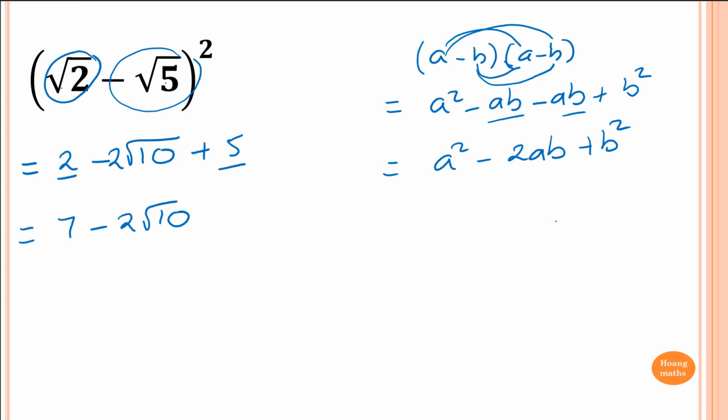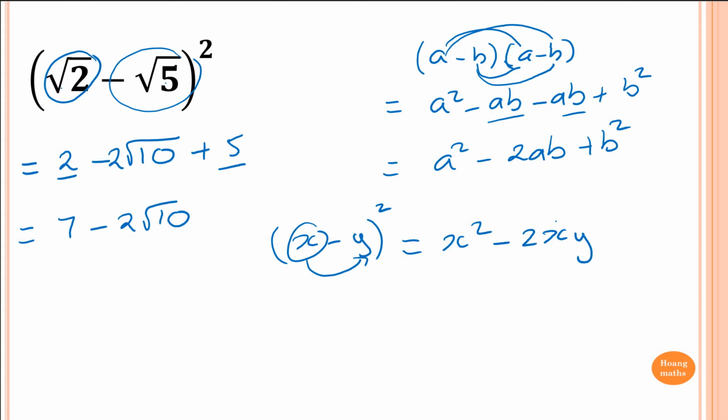Clear? Let's recap. x minus y all squared: this squared, which is x squared, x times minus y is minus xy, but double. And then always plus the last one, plus y squared, because minus y times minus y is plus y squared.